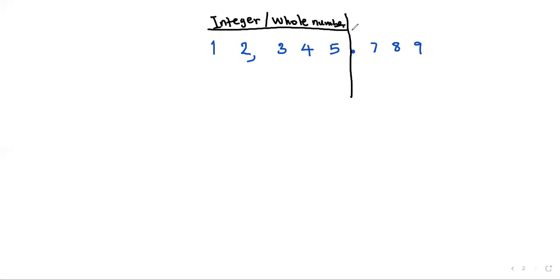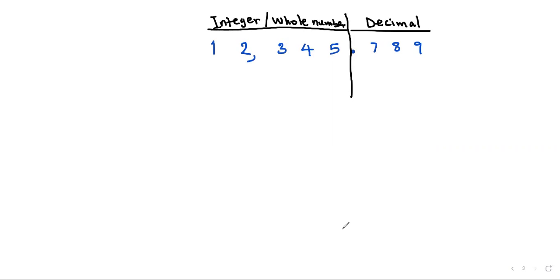Then this side, we have the decimal. In our number, we have two parts. One part is decimal, which is this one, and another part is integer, or whole number.